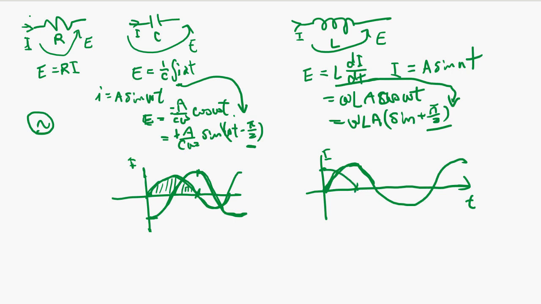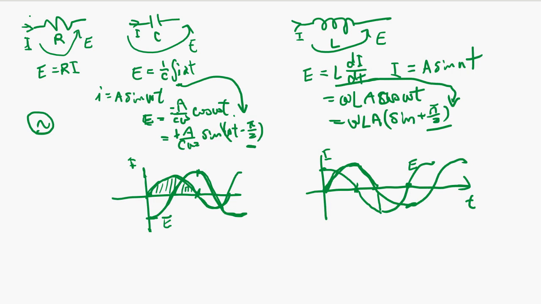Then in the negative direction, the voltage increases to maximum, and here becomes zero again. Okay, so this is the current, the voltage E, this side E. So it's a phase shift.